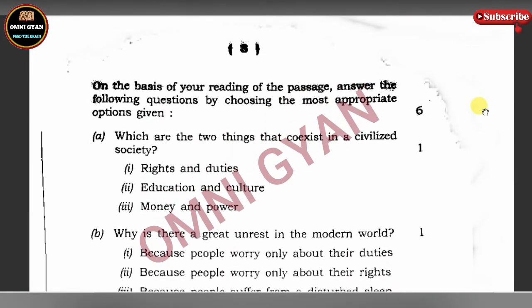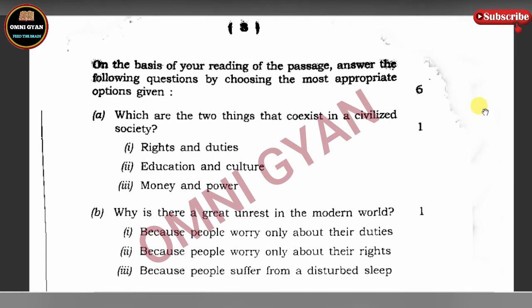Alright, let us solve the answers now. I will be scrolling up after I solve and showing you exactly where I found the answers, so that you can also understand. But first of all, I would like all of you to read the passage, solve it yourself, and then watch the video and match your answers with mine.